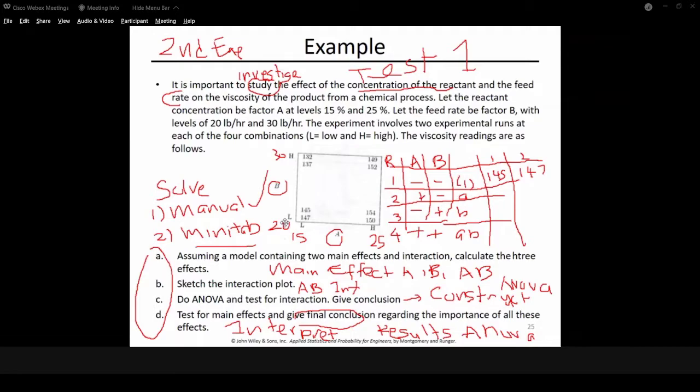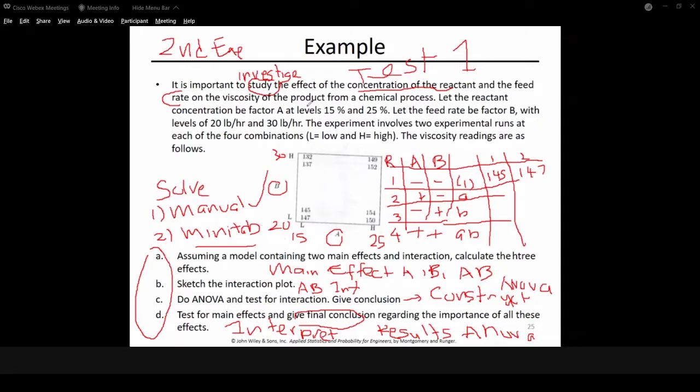I think test 1 will be like this, or like the previous example. So practice on this typical problem, analyze using manual calculation, and analyze using Minitab.